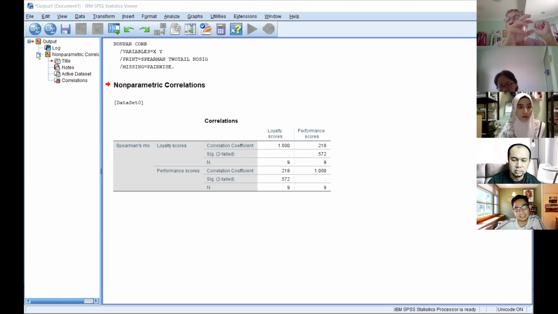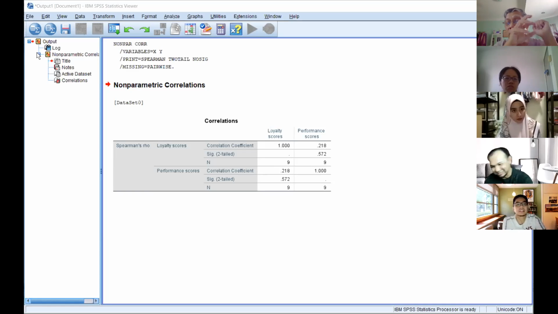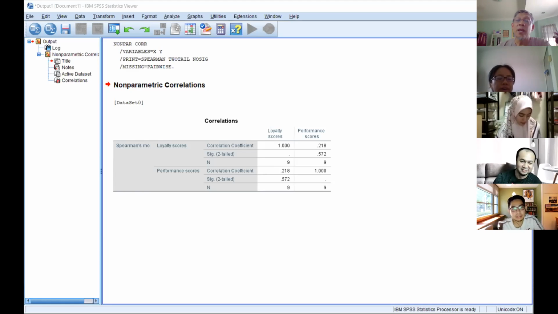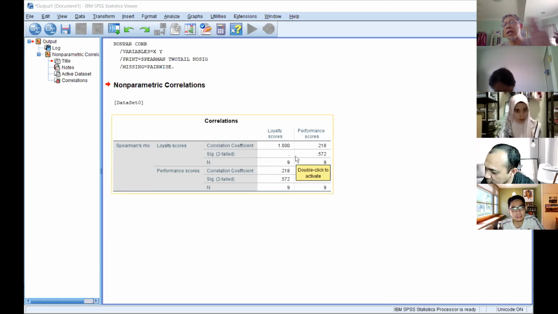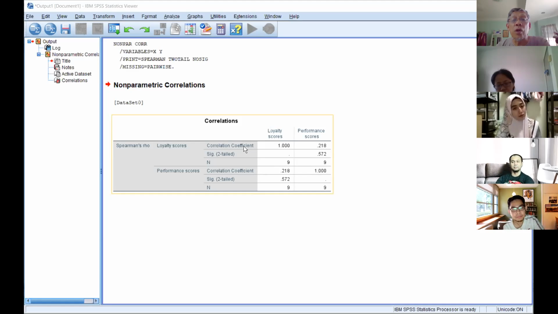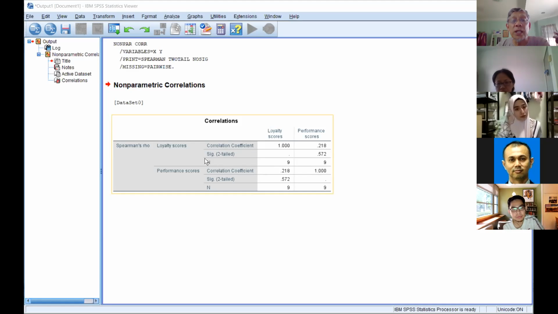This table is called the correlation matrix table, whereby when you look at it, the value in the diagonal will always be 1. If you expand this table, let's say 3 by 3 or 4 by 4 or 6 by 6, the value in the diagonal will always be 1. In each of these cells, you have 3 values: correlation coefficient, significance two-tailed, and n.